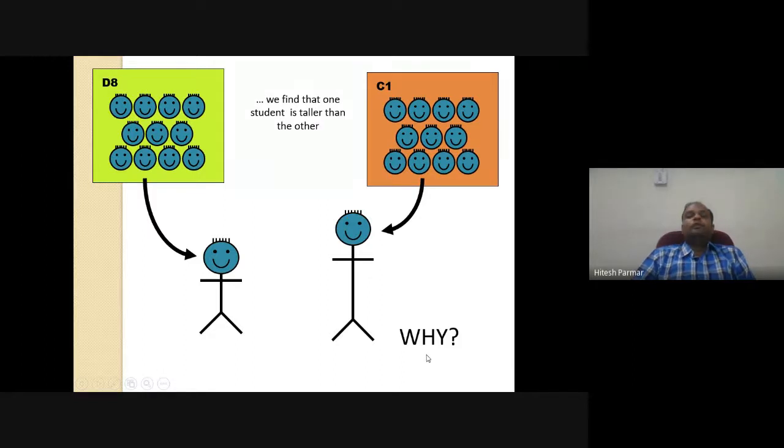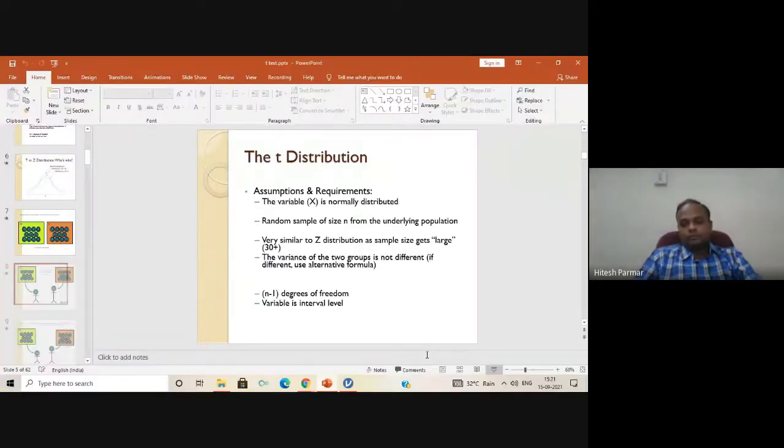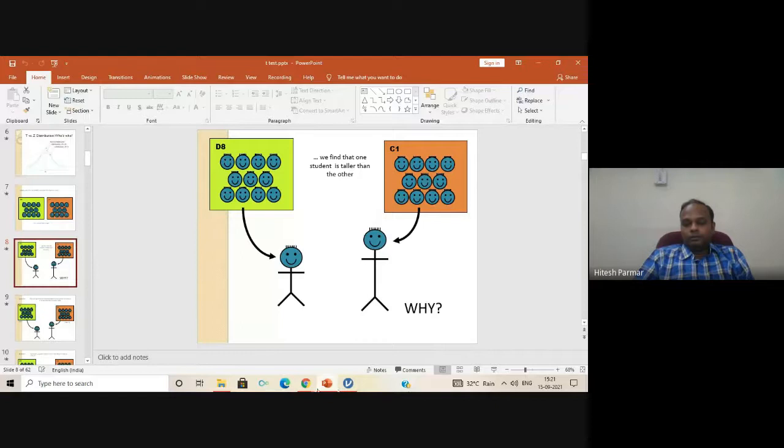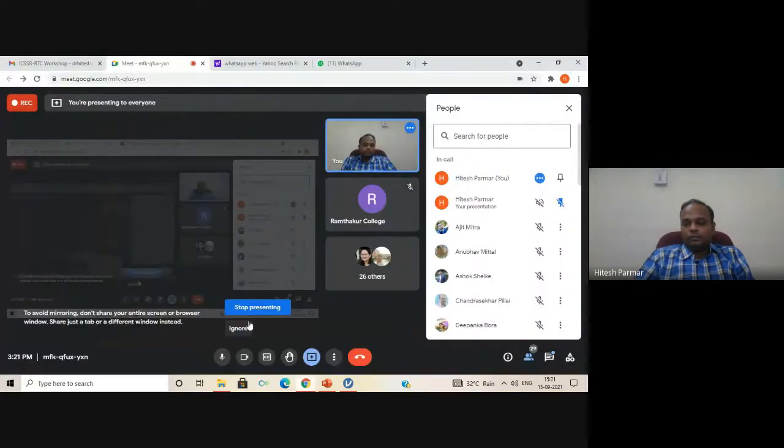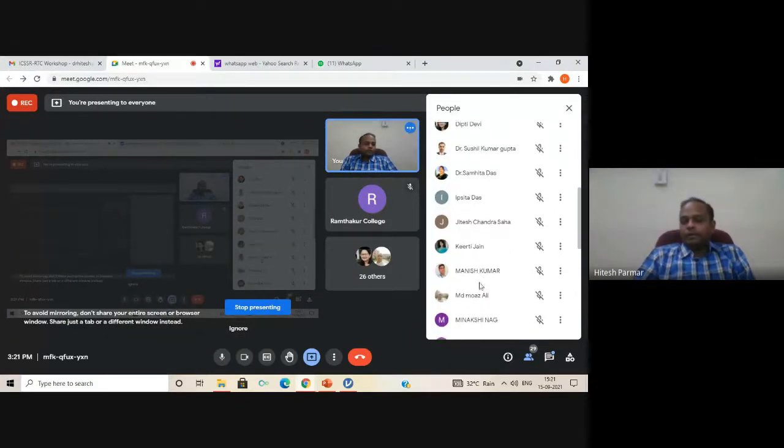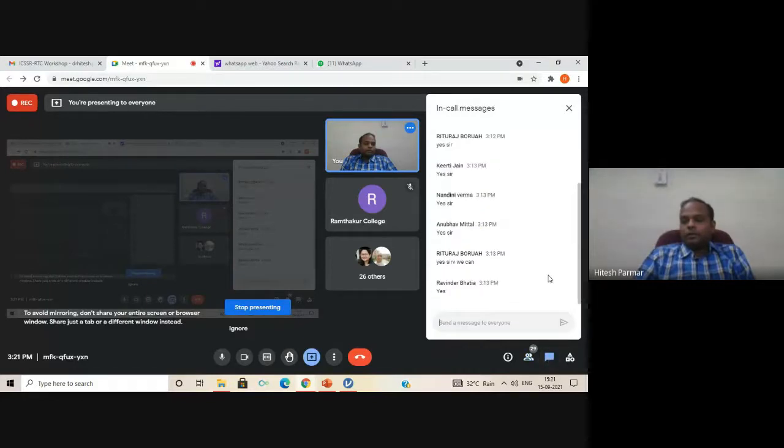Why? What could be the reason? What do you think? Why is one student taller than the other? So we have 2 classrooms and we randomly select 2 children.